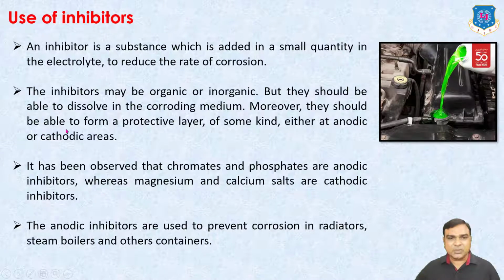Moreover, they should be able to form a protective layer either at anodic or cathodic areas. It has been observed that chromates and phosphates are anodic inhibitors, whereas magnesium and calcium salts are cathodic inhibitors. The anodic inhibitors are used to prevent corrosion in radiators, steam boilers, and other containers.